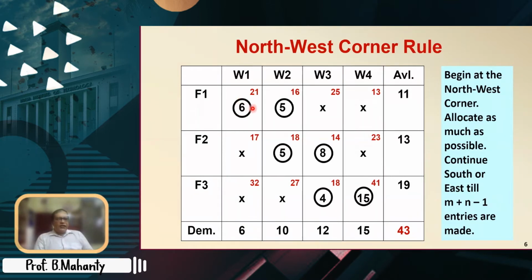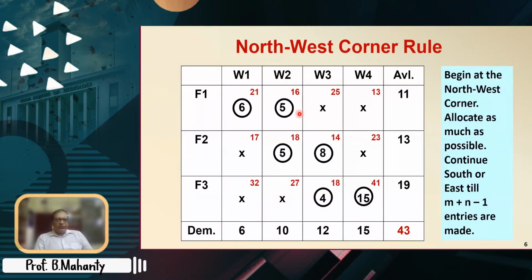After this 6 entry, we cannot go down, so we go towards the right side. There we can see that this side is 10 and this side is 5, because 6 is already gone. So only 5 can be entered. The moment the 5 is entered, this row is filled.